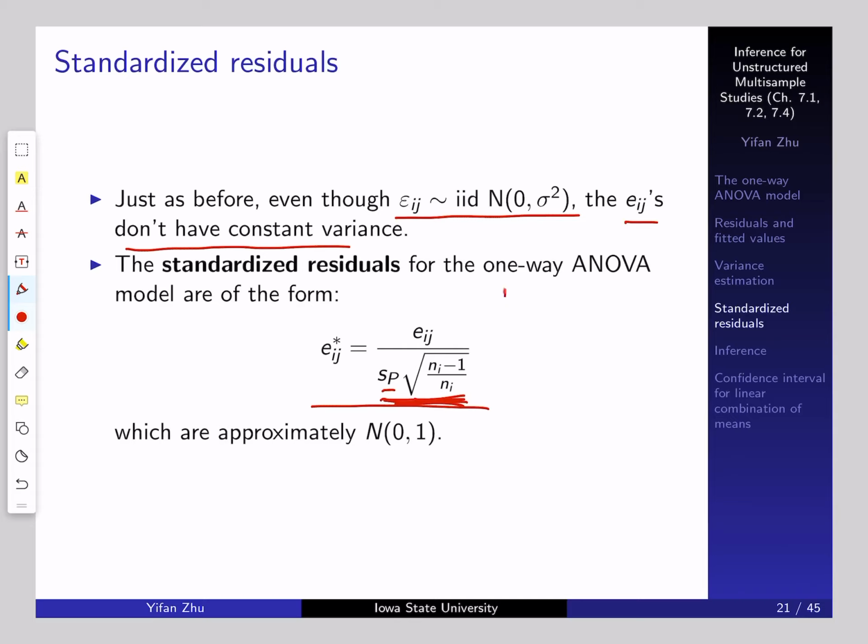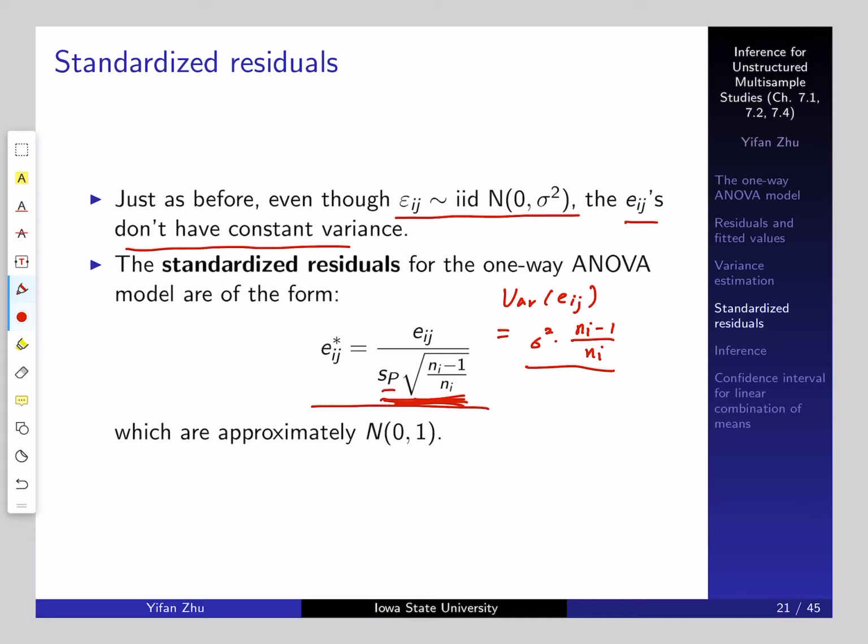And actually the variance of e_ij is just sigma squared times (n_i minus 1) over n_i. So for level i, the variance is determined by this.